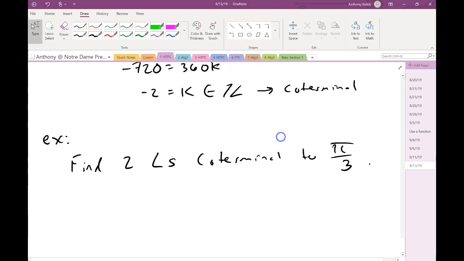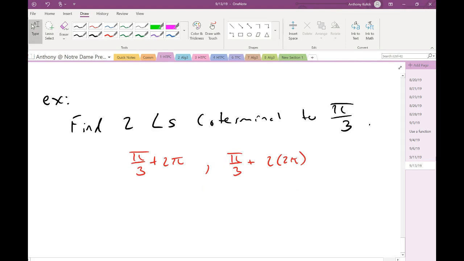So I could do pi over 3 plus 2 pi, and then I could do pi over 3 plus 4 pi. Maybe I should write it as 2 times 2 pi. It's maybe a little bit more clear as to what I did there. So to do this, I would need to find a common denominator and add these fractions.